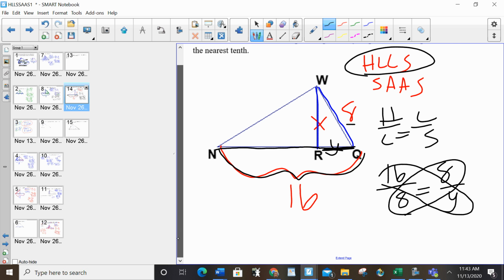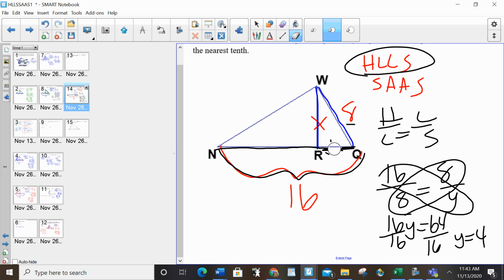So I cross multiply and solve. 16y equals 64. Divide by 16, y is 4. Now, if that's 4 and this whole thing is 16, then NR must be 16 minus 4, which is 12.